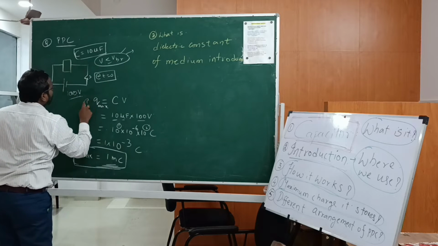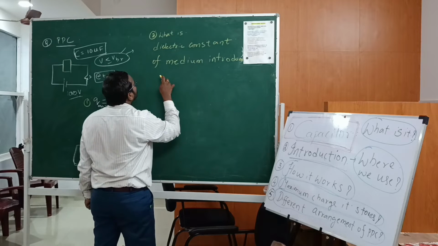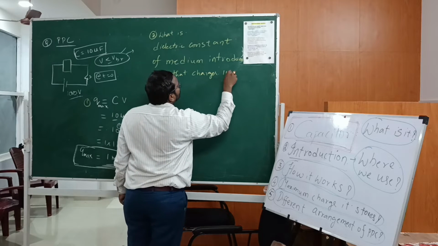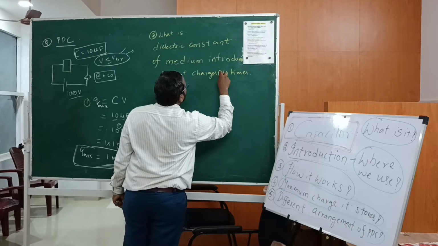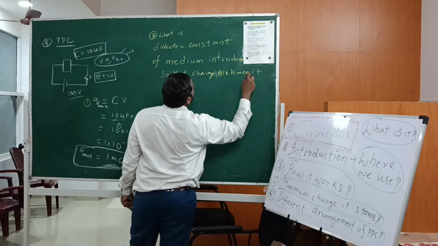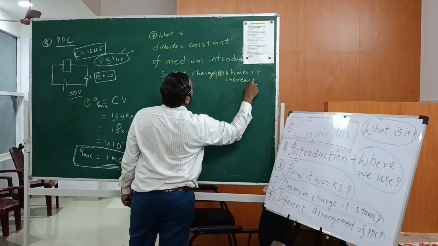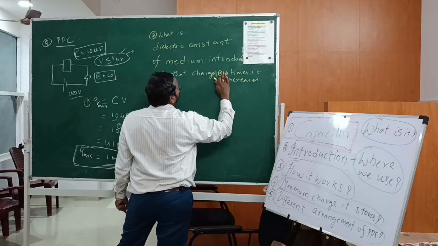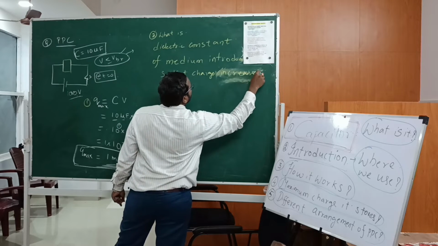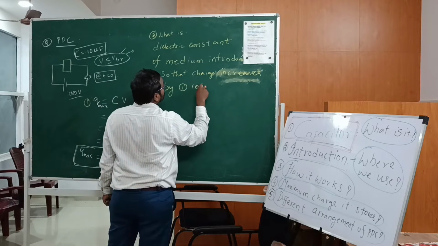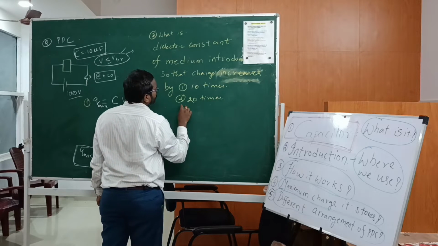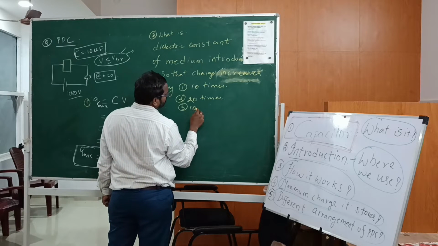The first question is about the maximum charge stored. The second question is, what is the dielectric constant of the medium introduced so that the charge increases by 10 times, or 20 times, or 100 times, or 70 times?